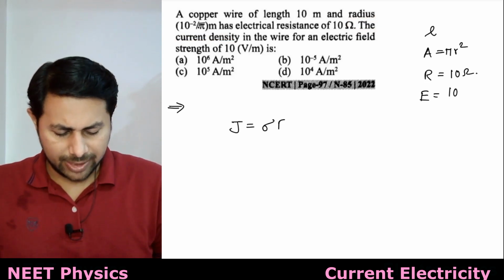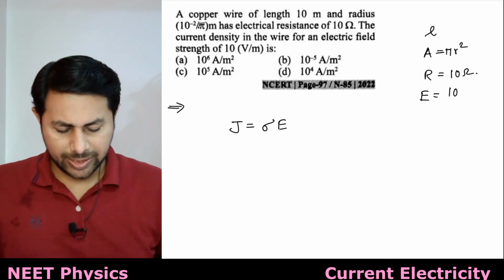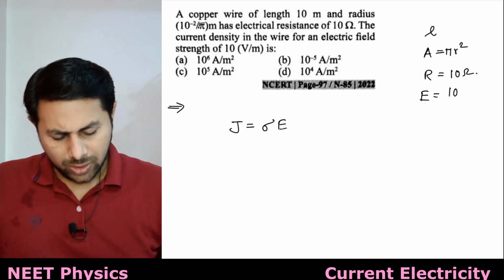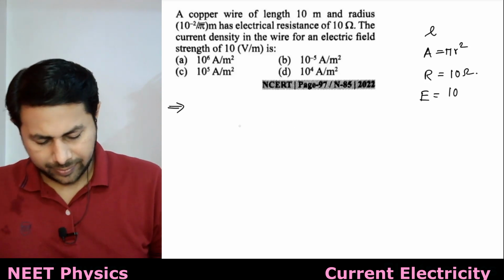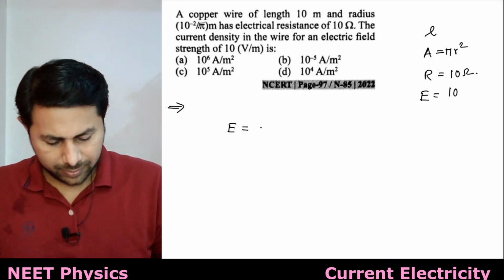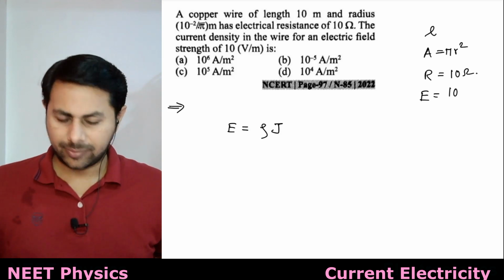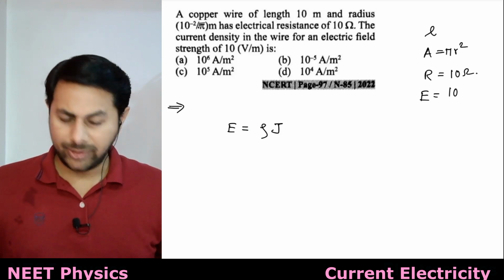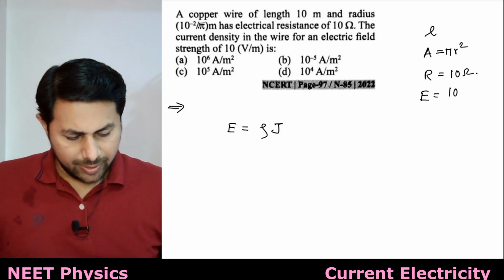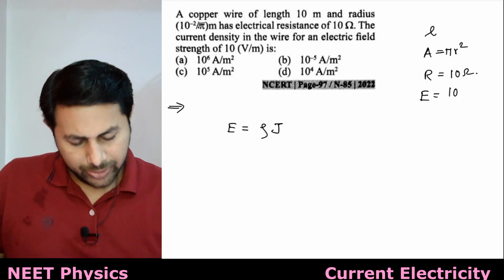J is equal to sigma times E, or we can say E is equal to rho times J. Right, this is the formula. But do we have rho? We don't have rho.